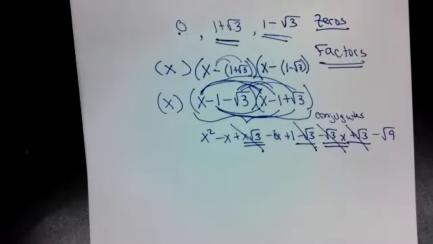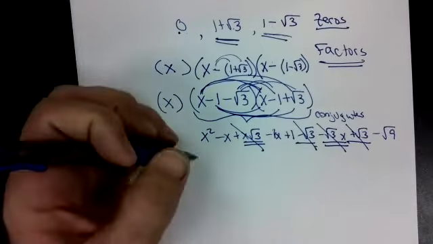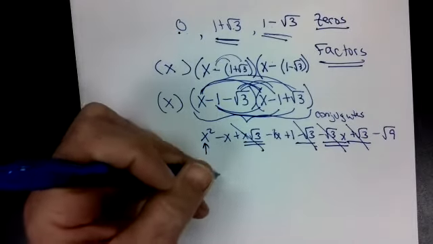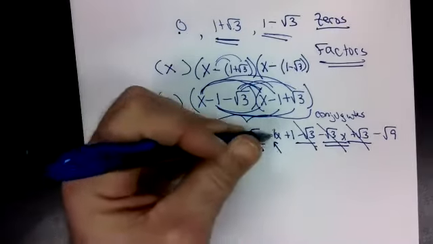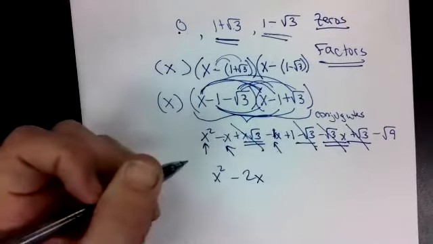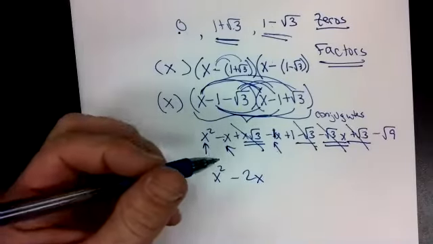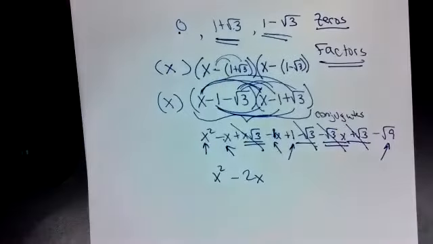Those two things are opposites. Cancel each other out. And then we get x squared. That's a negative 1x and another negative 1x, so that's a negative 2x. And positive 1. And negative root 9.